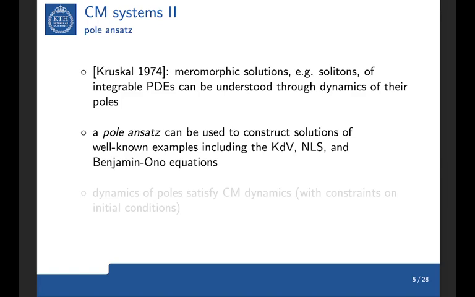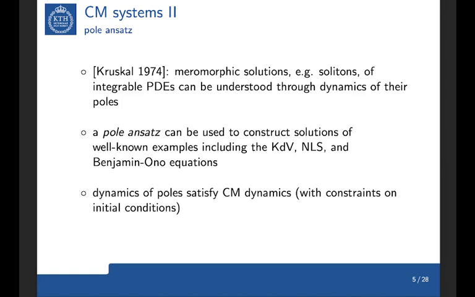In all these known examples, you make this ansatz where you have time-dependent poles moving in the complex plane, and it can be shown that in order to have a solution of the integrable PDE, the poles must satisfy CM dynamics. So they must move or evolve according to the equations of motion following from the Hamiltonian I wrote on a previous slide, with possibly some constraints on the phase space.